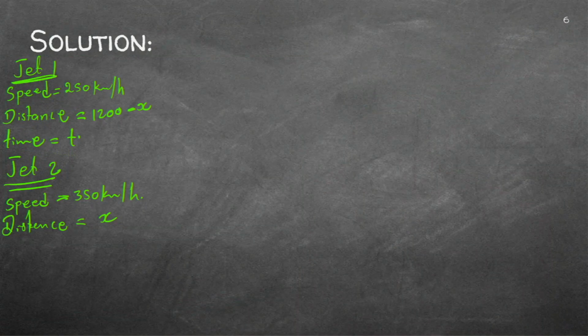So now in terms of time, we can simply use t. So guys, now this is what we do. The formula for speed is given by distance divided by time. And now let me just use that concept for jet number 1, for example.